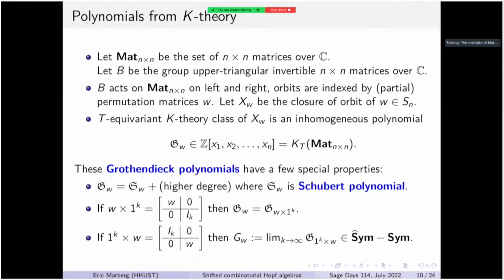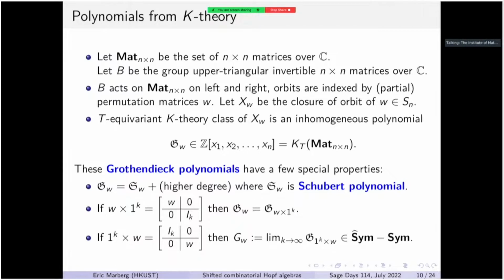You get a polynomial in more and more variables, but if k is large enough, the coefficient of any given monomial will be constant as k increases. It becomes a bigger and bigger polynomial, but if you print these out and look at the first 10 terms, eventually they don't change anymore. And also, when k is large enough, these polynomials will be symmetric.